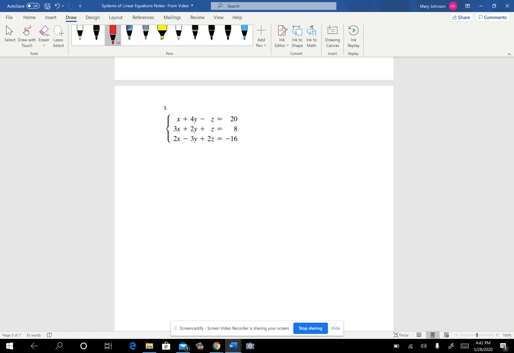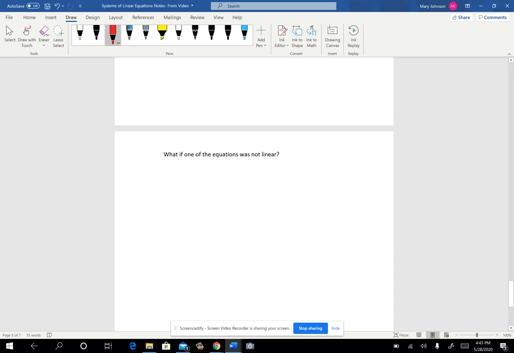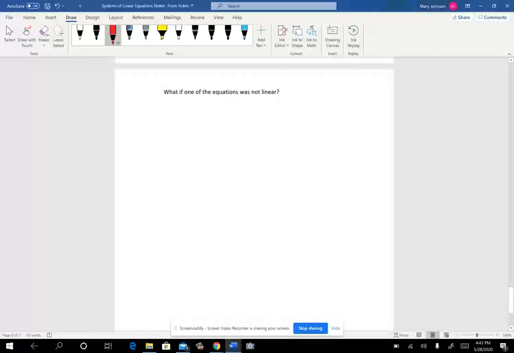All right. What I wanted to do is give you a sense of what happens if one of the equations was not linear. So let's go ahead and look at that. That's another extension. I'll do a whole separate video on this at some point. But I just wanted you to see, once you know how to solve a 2x2 linear system, 2 extensions we make: we look at having 3 variables and 3 unknowns.